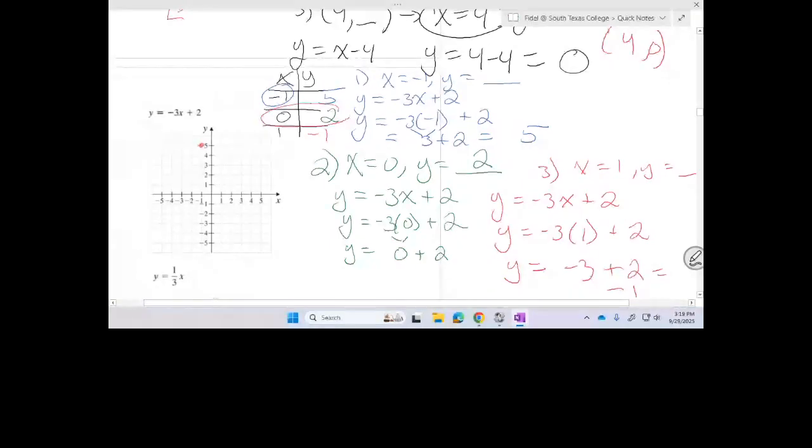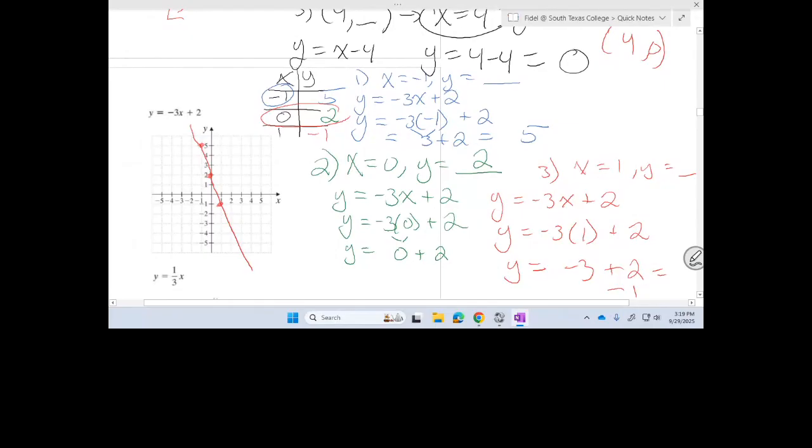The next one we got is 0 and 2. 0 and 2 is going to be, boom, right there. And then 1 and negative 1, y'all, is going to be right there. And I'm going to do my best, boom, to connect my dots. And I'm done.